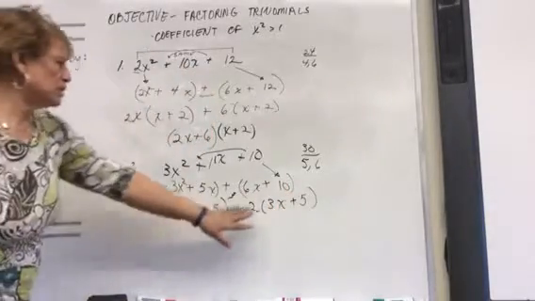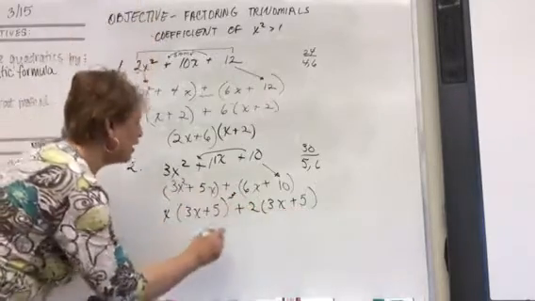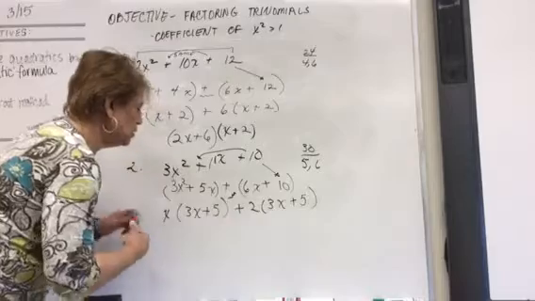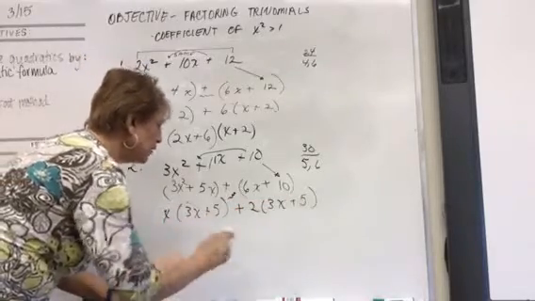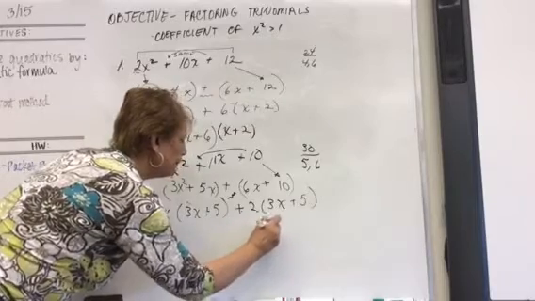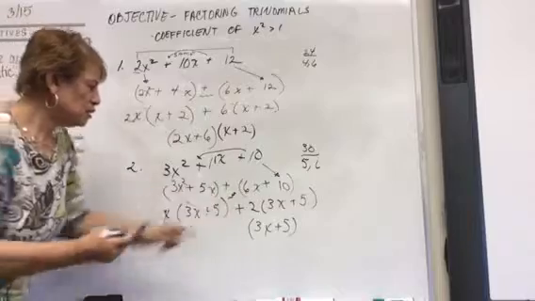Once again, notice that it is the same, 3x plus 5, 3x plus 5. So I'm going to factor out my 3x plus 5, and look what's left, x plus 2.